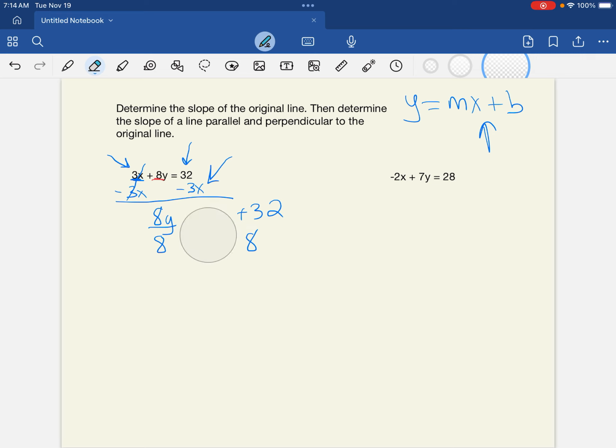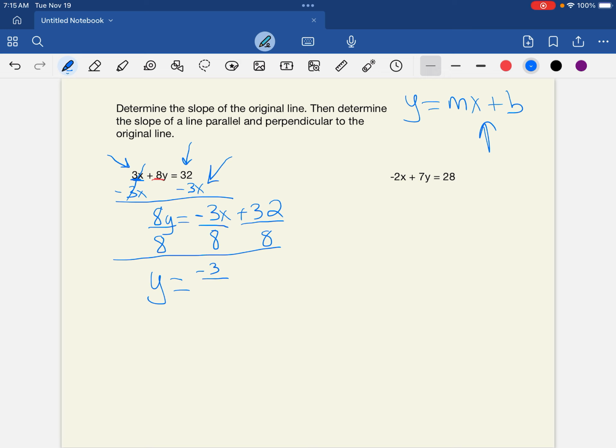So instead of just having one giant division bar, I'm going to divide this by 8, and I'm going to divide this piece by 8. What that does is I'll be given y. For the division of negative 3x divided by 8, all I am going to do is turn that into a fraction. I'm going to write this as negative 3 over 8 x, and then 32 divided by 8 is 4.